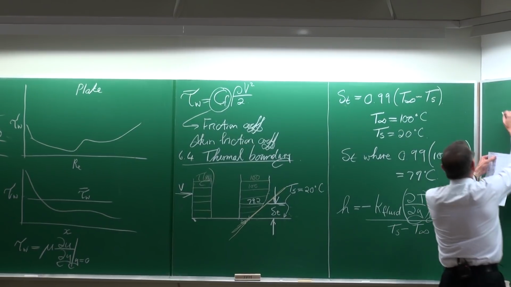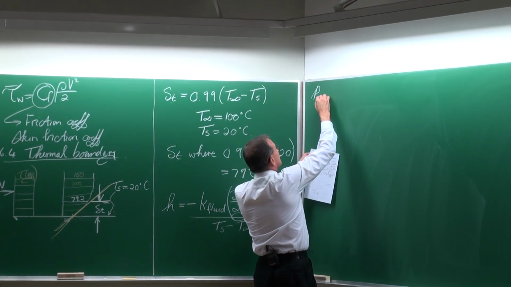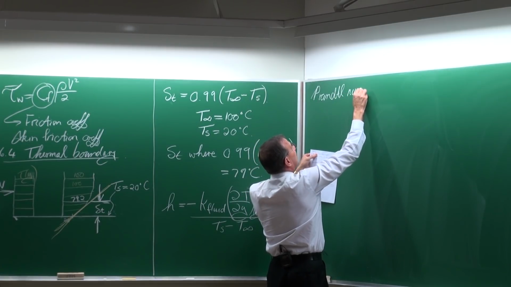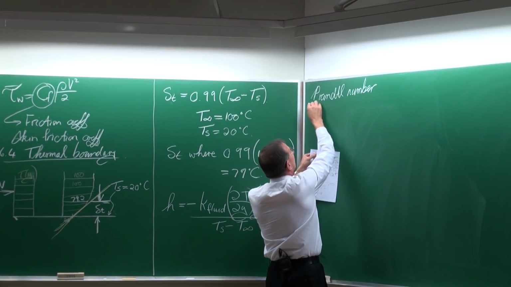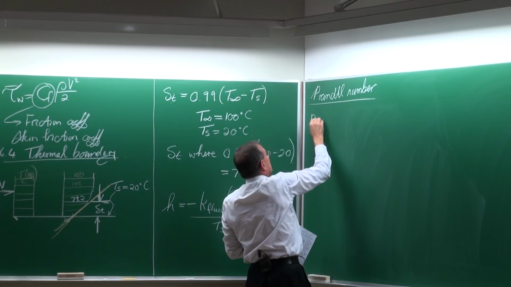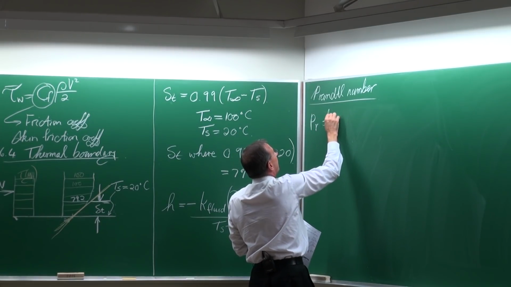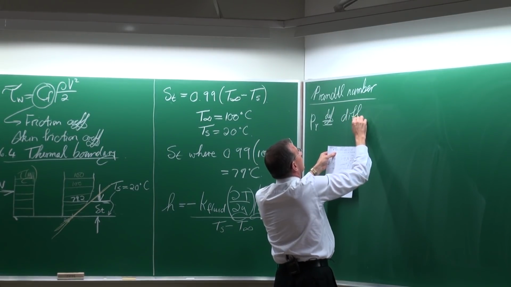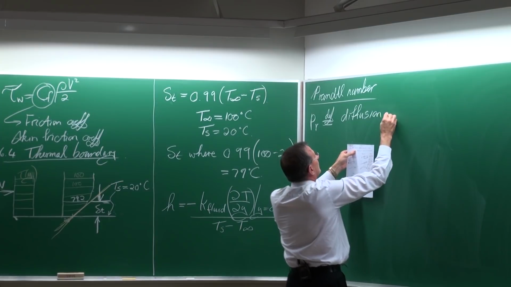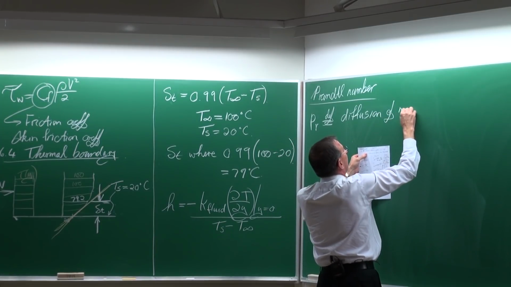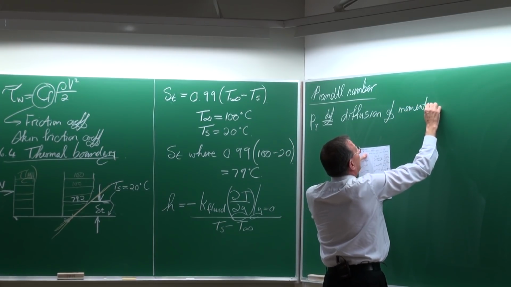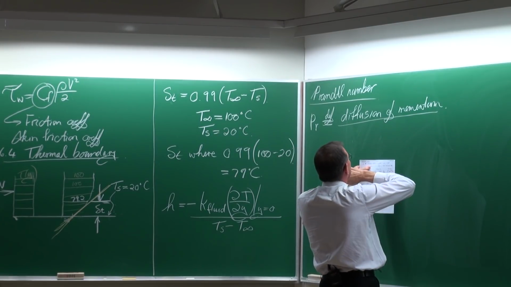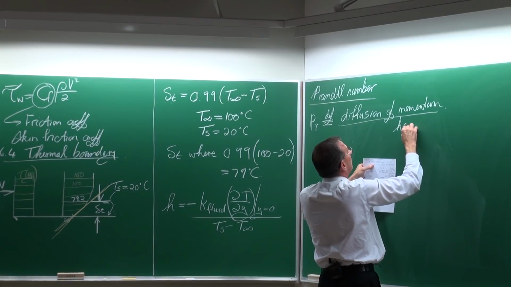Now let's introduce a next non-dimensionalized number, which is known as the Prandtl number. Now, the Prandtl number, by definition, is the molecular diffusion of momentum divided by the molecular diffusion of heat.